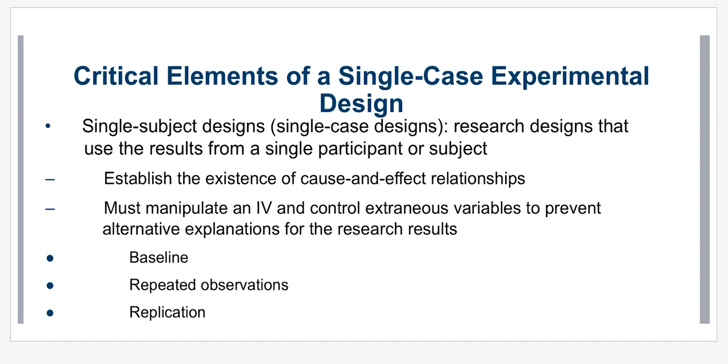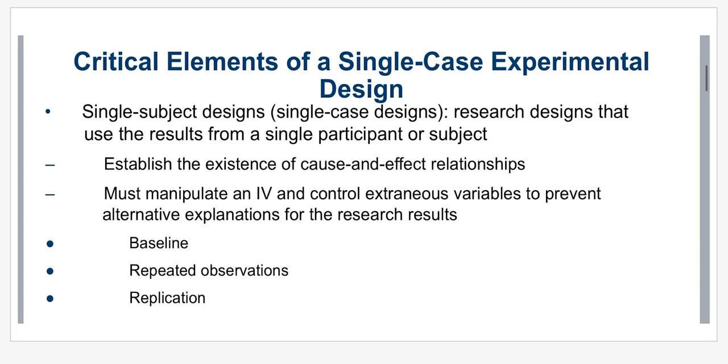So how do we do that with a single participant? Well, you have to have these 3 elements at the bottom of this slide. You have to have a baseline, which means there's a clear measure of whatever the behavior or your dependent variable is, before any sort of treatment or manipulation. And then you would have repeated observations over time, before, during, after, however you need to do it, depending on what your variables are, to check for any outside influence.